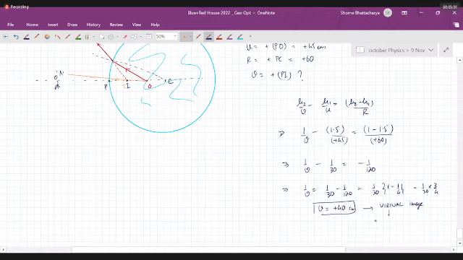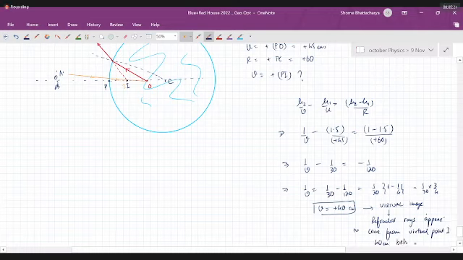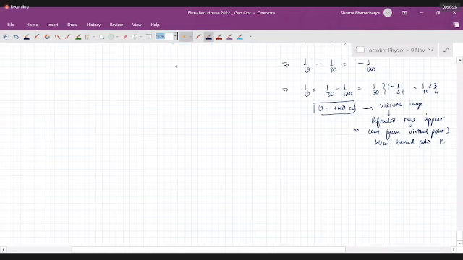Because the refracted rays appear to come from the virtual point I, which is 40 centimeters behind the pole. So that is the interpretation of this result now.